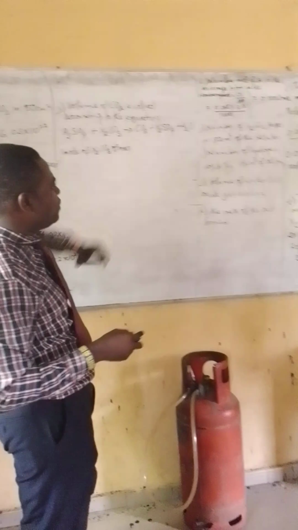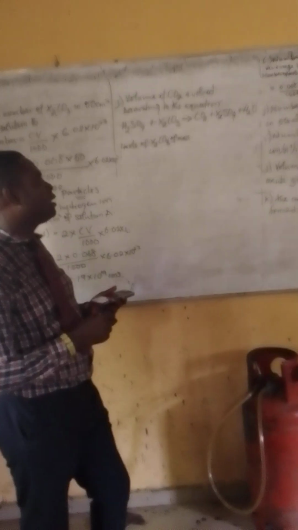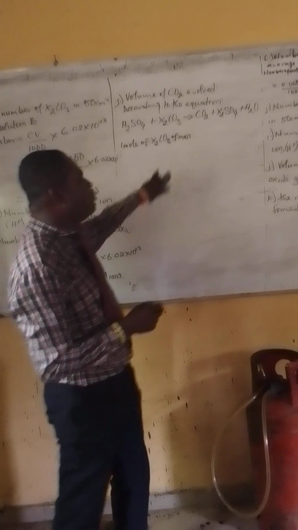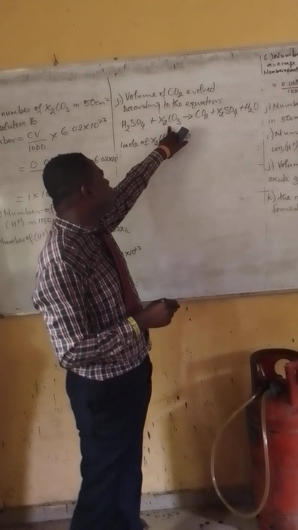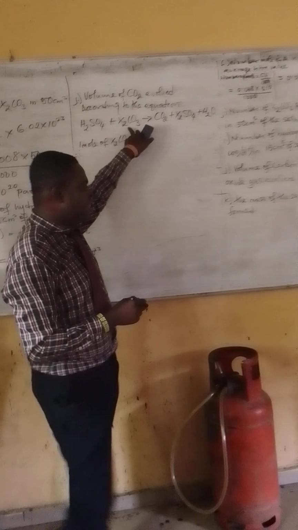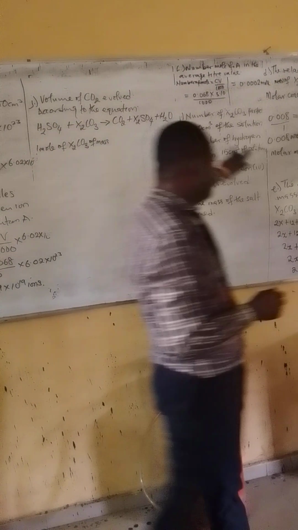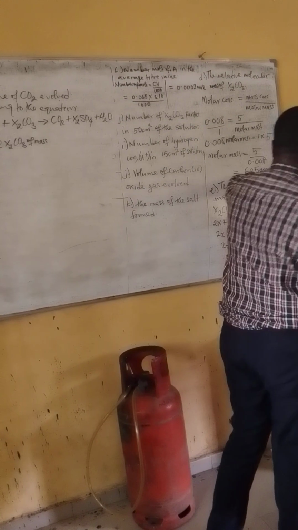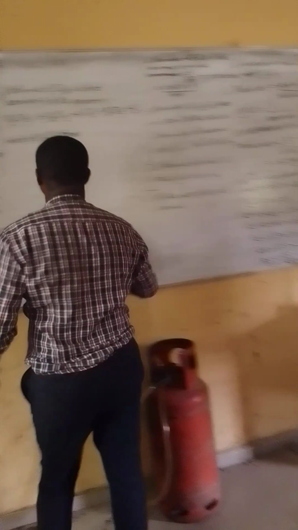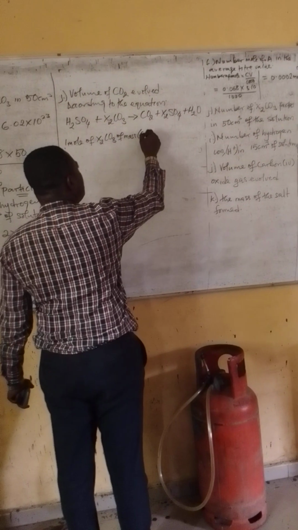Don't forget that we got the molar mass of X2CO3 the other time. That is standard mass. The molar mass we got the other time was 625. We are going to use it now, which contains 625 grams per mole.